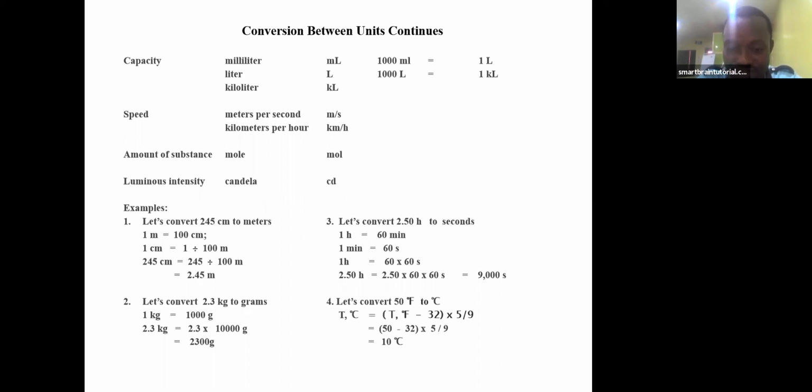Okay. Example 4. Let's convert 50 degrees Fahrenheit to degrees Celsius. This is very important. Most often, the conversion is necessary.